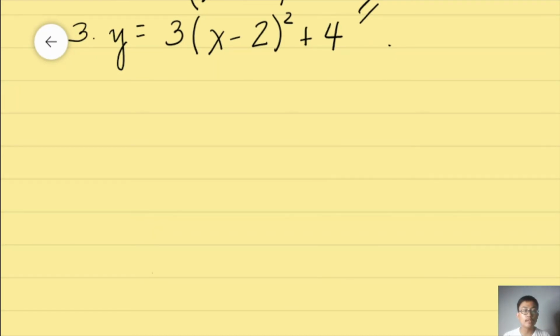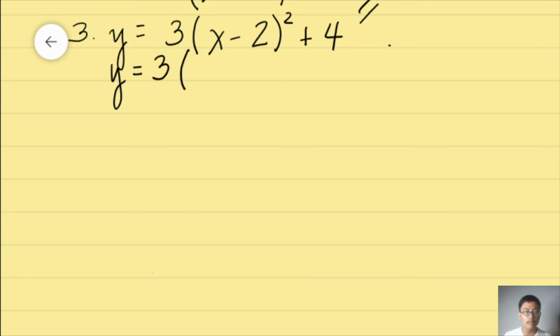This is from vertex form to general form. So, our first step is, write muna natin. So, y equals. Copyin muna natin. Then, this one, kunin natin yung square ng binomial ng x minus 2.